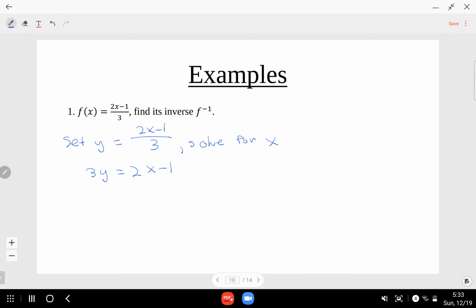And then what we get here is x equal to (3y plus 1) over 2, and that's equal to f^-1 of y. So the inverse of f of x is equal to (3x plus 1) over 2. That is how we find the inverse.